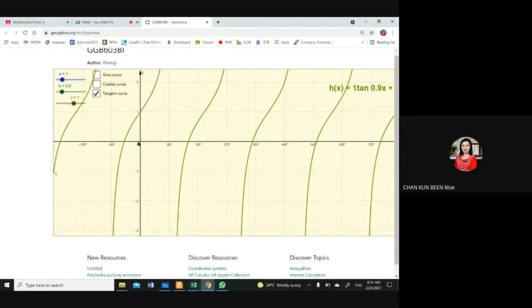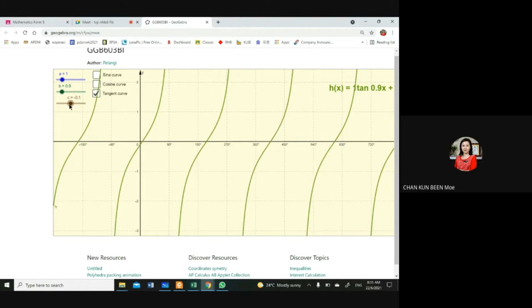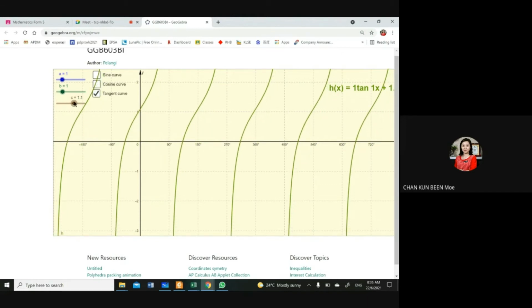Now when I change C to 1, the graph goes up 1 unit. Let you see one more time. Originally it starts from 0 and then from 180, that is the original one. When I change C to 1, it shifts up, starts from 1, and then this one is in between 90 and 180. That's the curve.